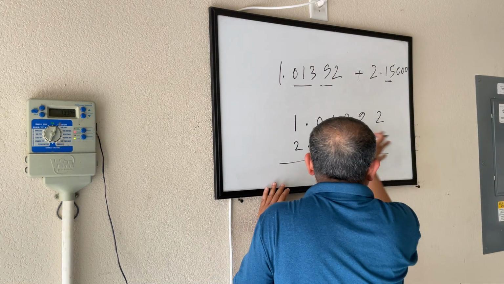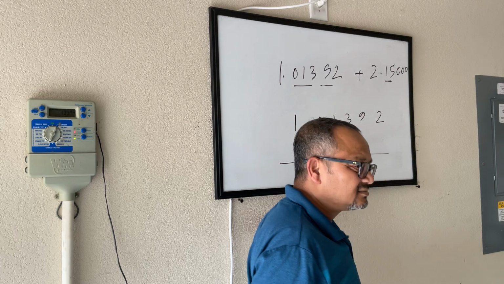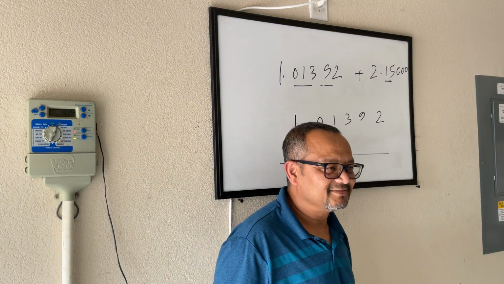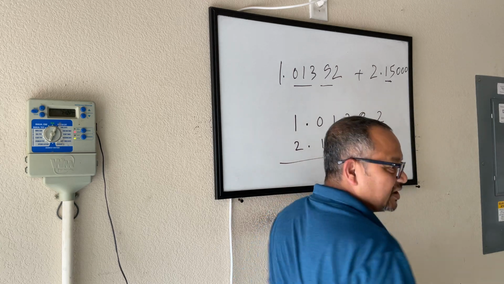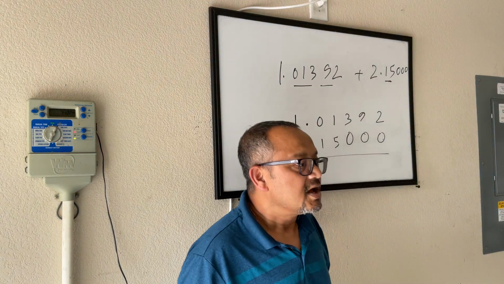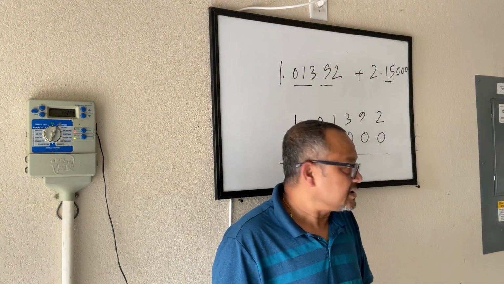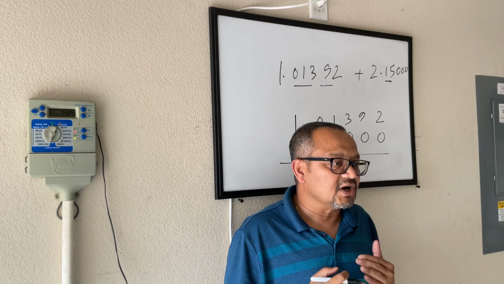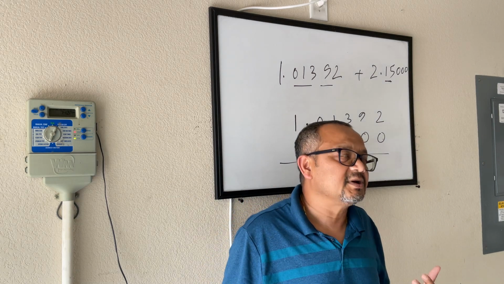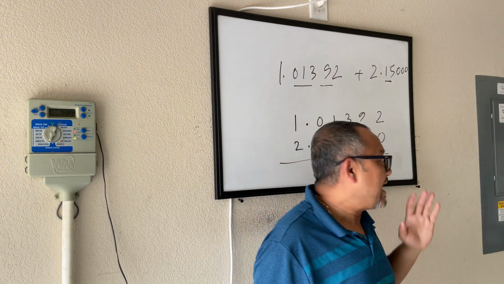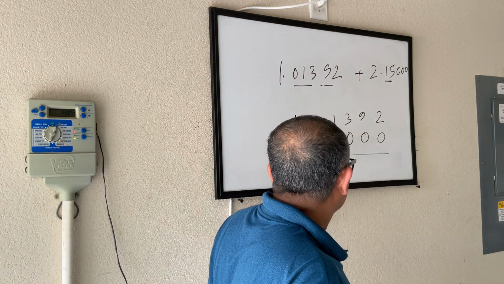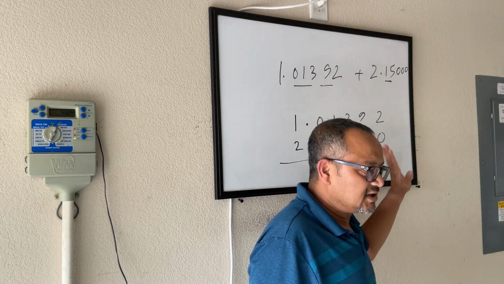If somebody says, add these two. Better? So the idea here is that whatever we do, our job is to make it look similar, easier, much more familiar, and easier to the eyes. This looks easy to the eyes.